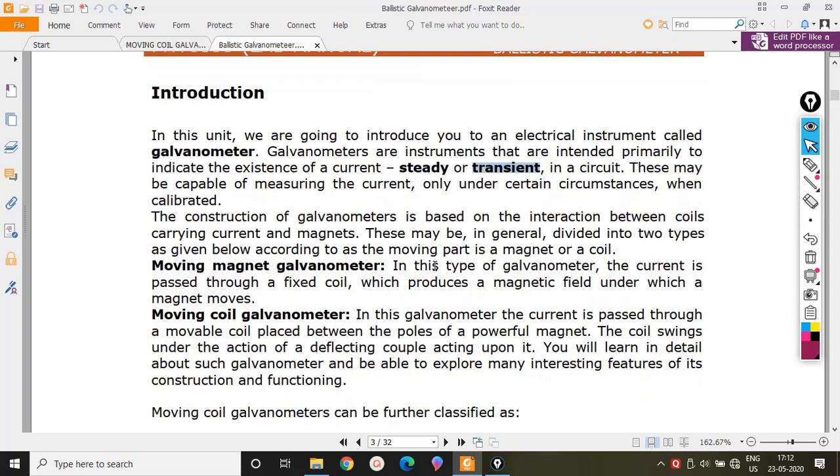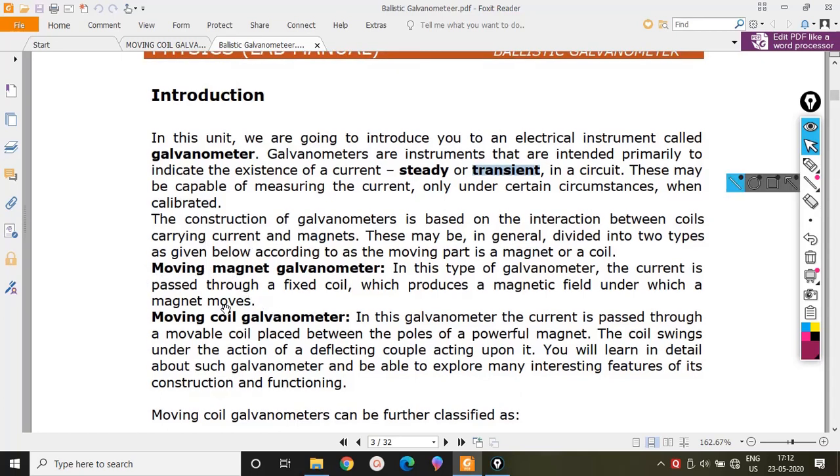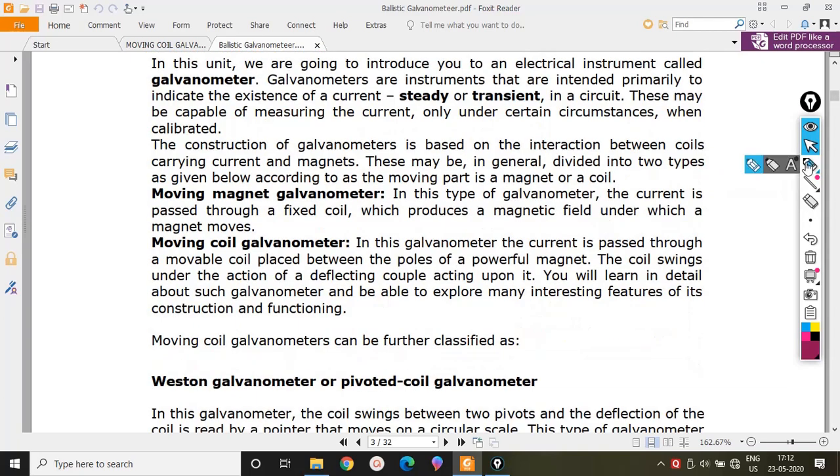And galvanometers are of two types. One is the moving magnet galvanometer, one is the moving coil galvanometer. Moving magnet galvanometer we are not going to study. Let us go to the moving coil galvanometer. The principle is already explained.